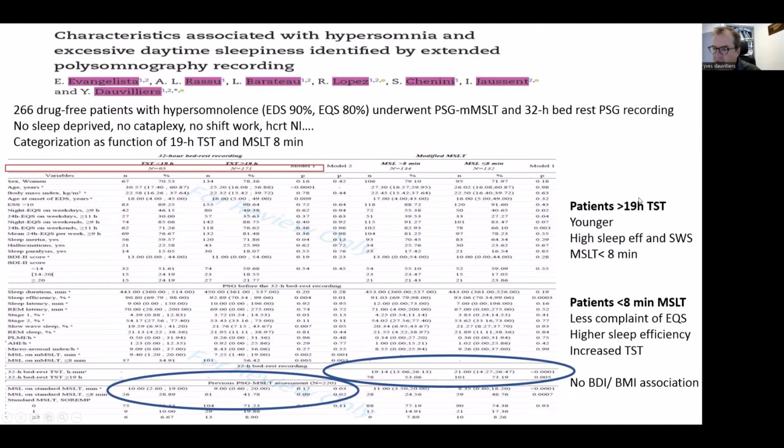Patients above 19 hours are younger, with high sleep efficiency, high percentage of slow wave sleep, and MSLT below 8 minutes compared to patients below 19 hours for sure. And patients below 8 minutes on the MSLT have less complaint of long sleep duration, high sleep efficiency, and increased total sleep time. No interaction with BMI and BDI. BDI is the Beck Depression Inventory.